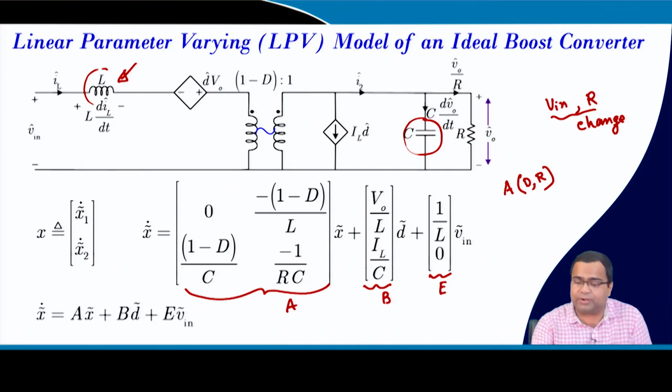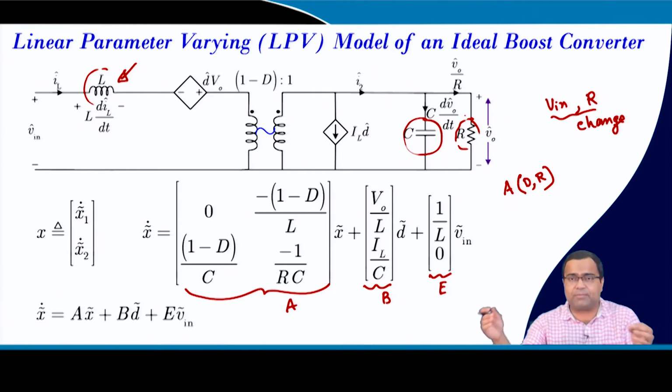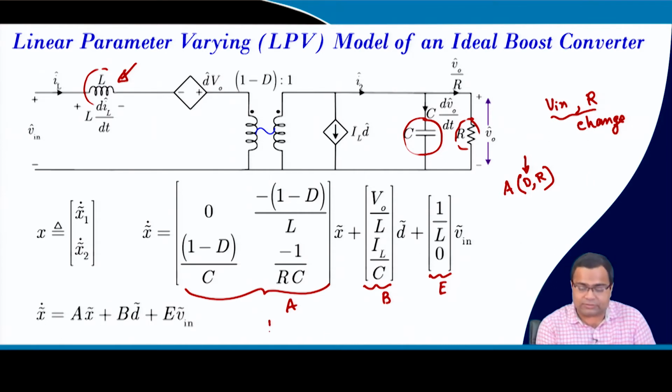The boost converter is supplying to a load, it may be a processor load, or if we talk about an electric vehicle, auxiliary power. So, there are many applications of the boost converter, and the load can vary. When the load varies or the supply varies, then the duty ratio will vary at steady state. So, the A matrix depends on the parameters. That is why this model is called a linear parameter varying model.